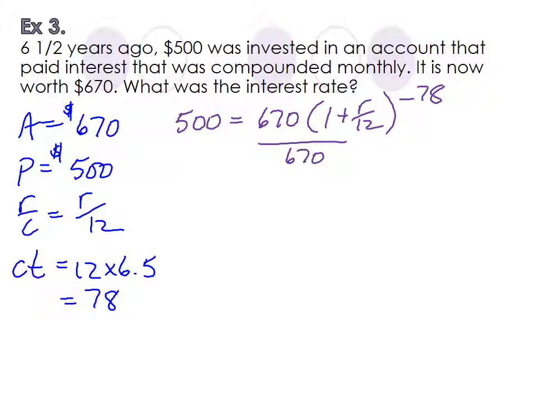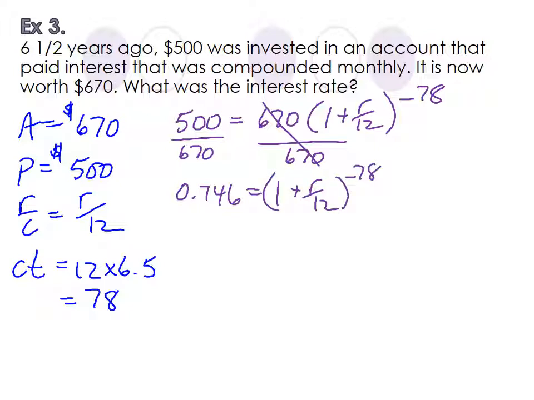Divide both sides by 670. And over here on the left, when you do 500 divided by 670, you're going to get 0, we'll go 3 decimal places, 0.746 equals (1 plus R over 12) to the negative 78.